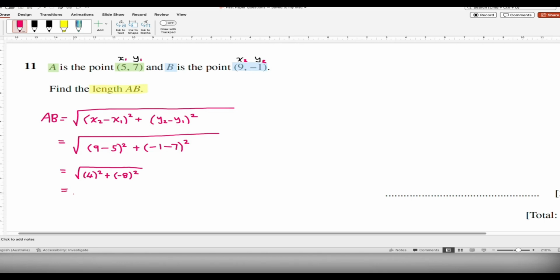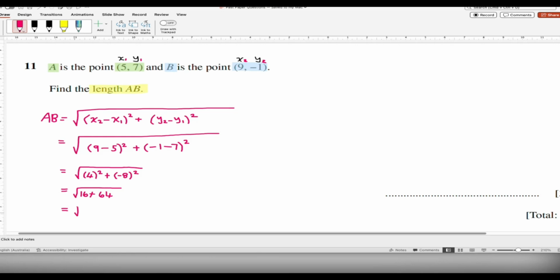4 squared is equal to 16. -8 times -8 is equal to positive 64. Remember, a negative and a negative is equal to a positive. Now, what is 16 plus 64?